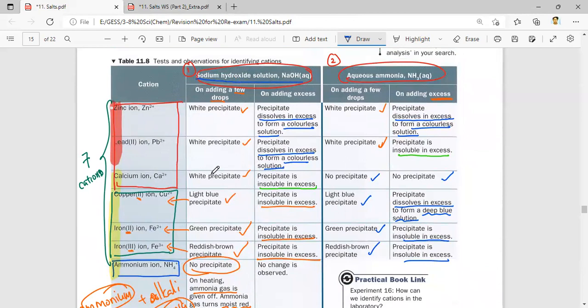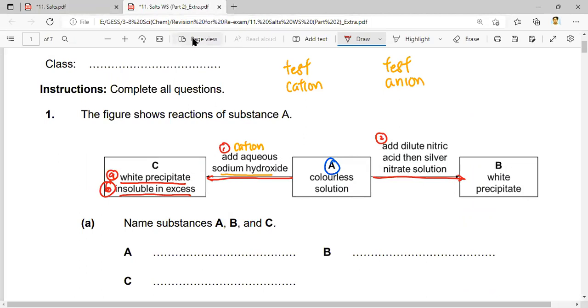White precipitate here, insoluble in excess, tells me that it's calcium because zinc and lead dissolve in excess. Only calcium does not dissolve in excess. Therefore, I know C, this precipitate over here, will be calcium hydroxide.